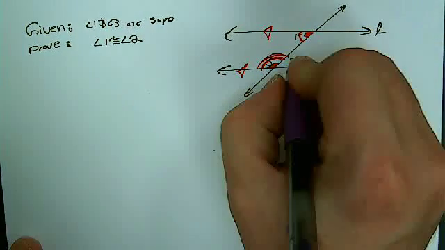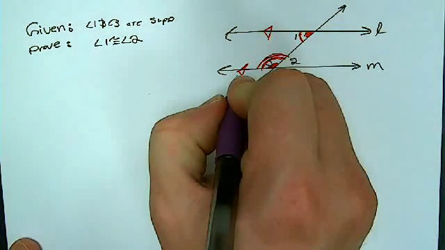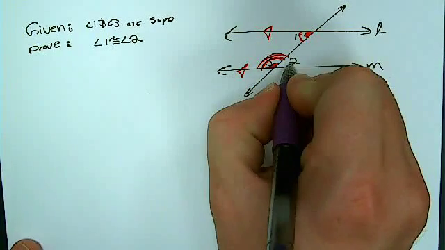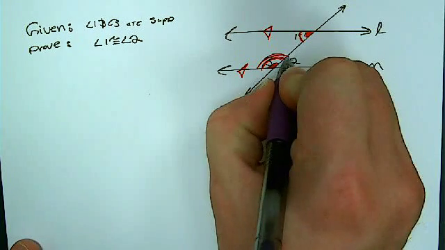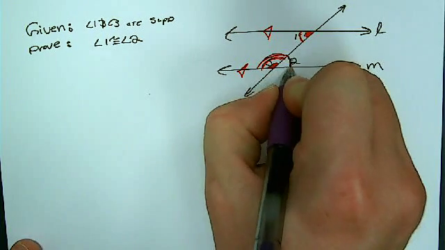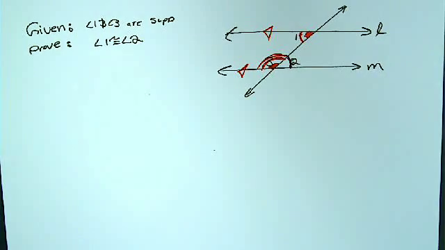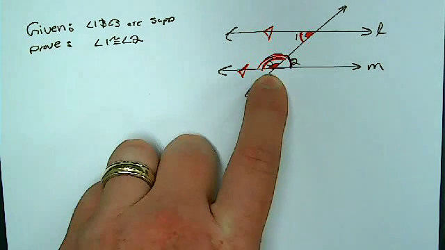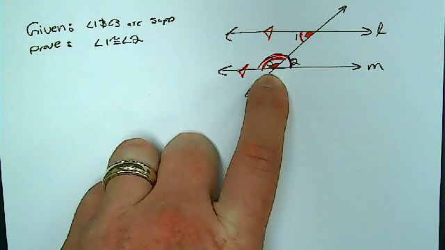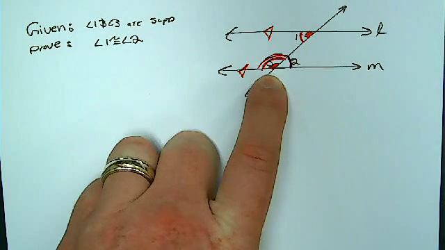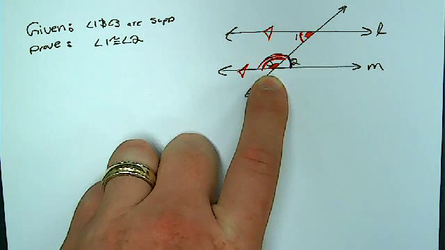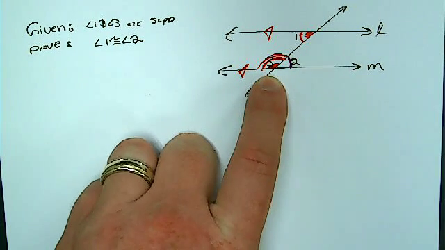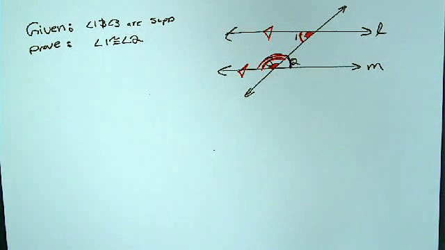So that means if the lines are parallel, that can lead me to the idea that 1 and 2 are congruent, right? And that would leave me 1 is equal to 2?